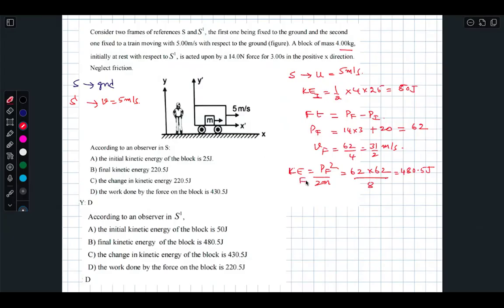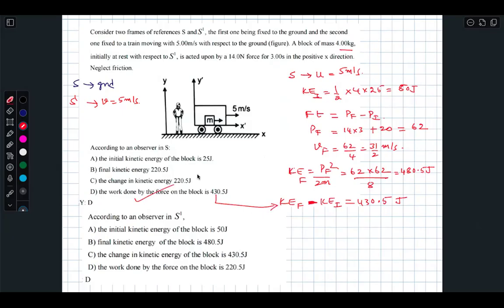This is the final kinetic energy. What will be the change in kinetic energy? 480.5 minus 50, 430.5. This is the change in kinetic energy. Work done is change in kinetic energy.